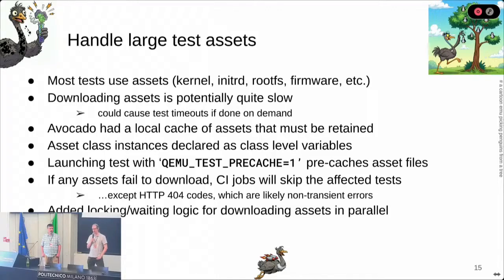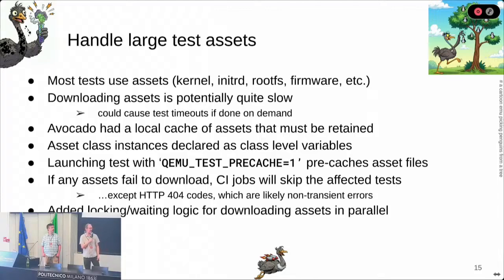Now, things aren't always foolproof with downloading assets. There are plenty of occasions in which the remote server is temporarily dead, or the network is unreachable, or any number of problems we encounter all the time. So when something isn't cached locally and we need to download it, if the download fails, then we automatically skip the tests that need those assets so that we don't break the entire test harness just because of a transient error.